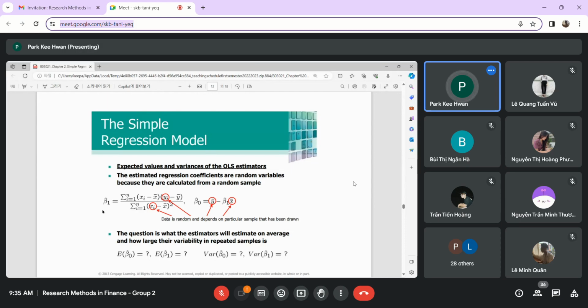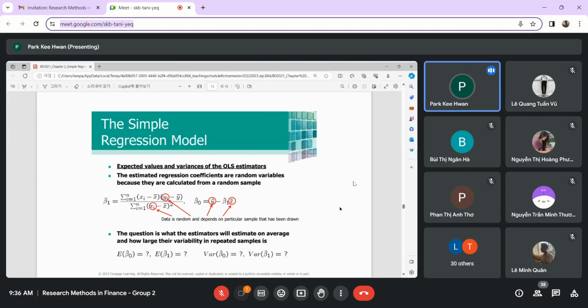Because beta 1 hat and beta naught hat depend on this particular sample, which has random values, that's why beta 1 hat and beta naught hat are random variables.